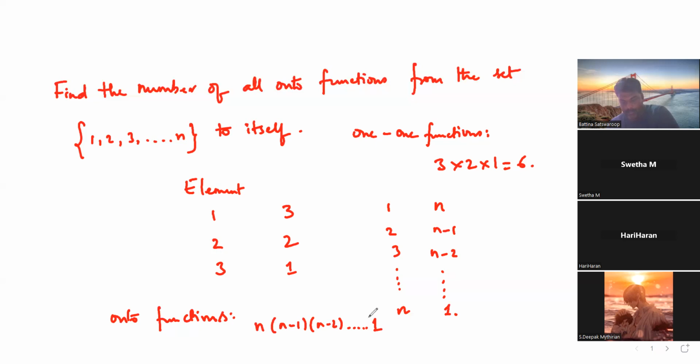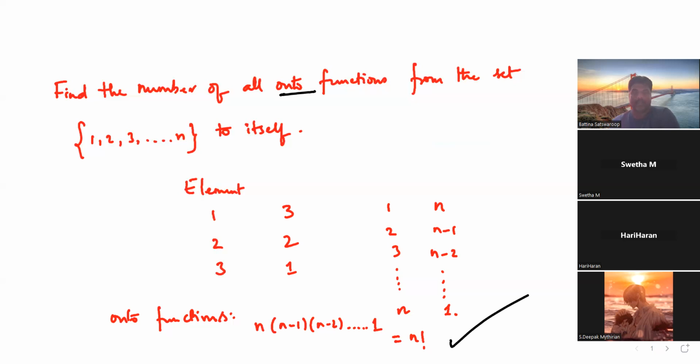It will be equal to n factorial. Only onto is asked, 1 to 1 is not needed. Only onto, n factorial. If they had given 1, 2, 3, it would be 3 factorial.